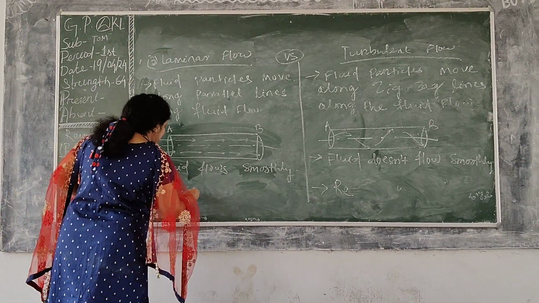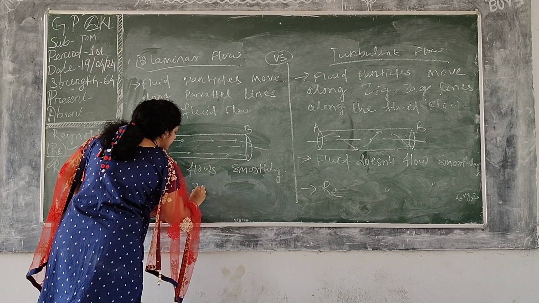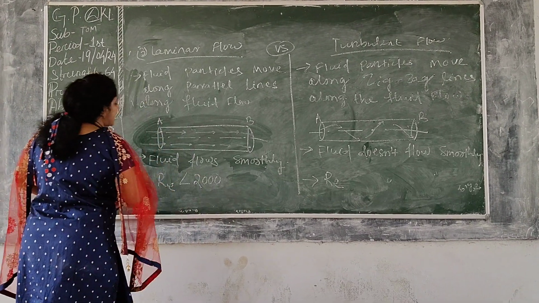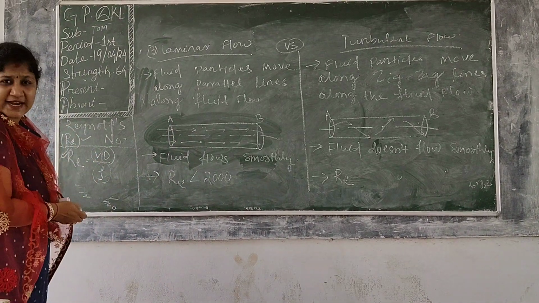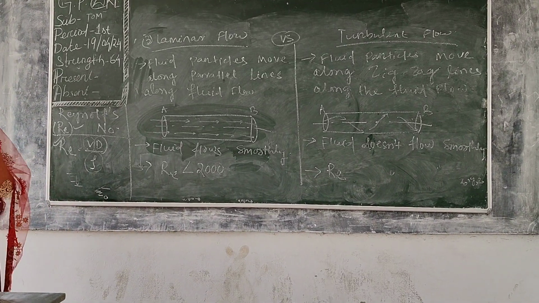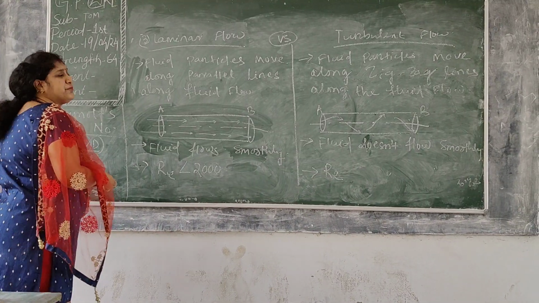So what is laminar flow? If Reynolds number is less than 2000, then only the flow is known as laminar flow.